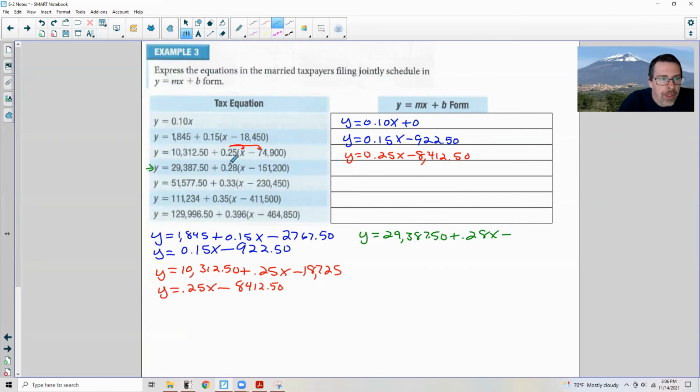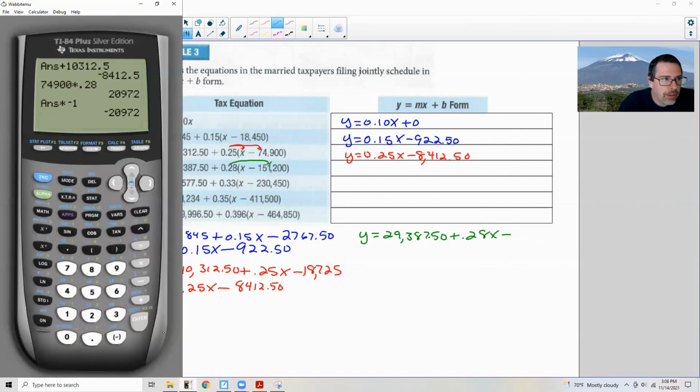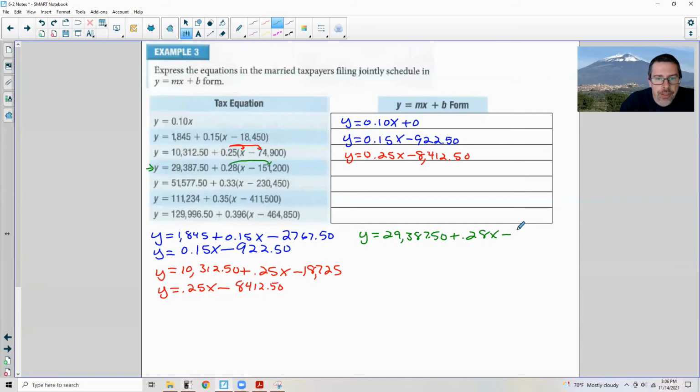As soon as I saw I wasn't going to get a negative number, I knew I did something wrong. I want to take 0.28 times 151,200. I did 74.9 again. Okay, so 151,200. Always check to see if your answer makes sense, and if not, fix it. Times 0.28. Enter. There we go, 42,336. That number should always be less than that other number here.